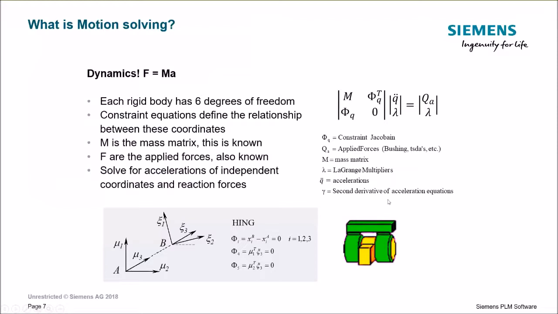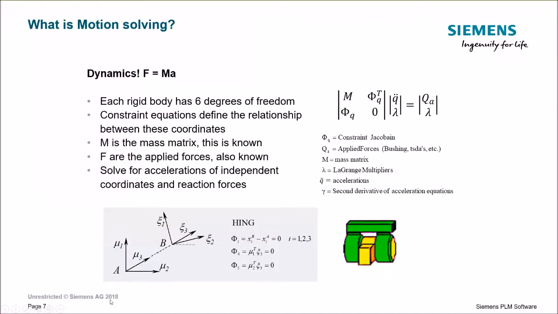In this case, in order to connect two bodies using a so-called hinge kinematic constraint, we will require typically 3 constraints to impose equality on the position of points A and B, which belong to the two bodies we want to connect to each other using this hinge, and another 2 constraints to restrict the rotation about the axes orthogonal to the axis of the hinge, which in this case is going to be the 3rd axis here.